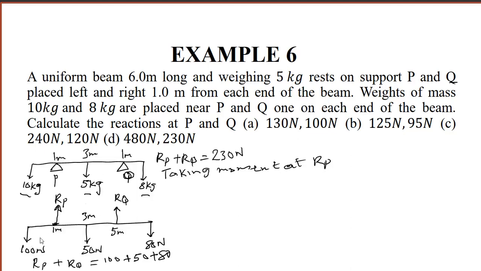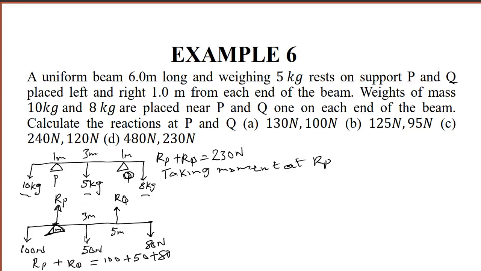Now if we take moment at Rp, you know this, the first 100 Newton will drag it along its direction towards where we are taking moment, which means the knife edge is now at Rp. That's what it means. It means the knife edge, since that's where we are taking our moment. So if you drag 100 Newton towards Rp, that will be what?